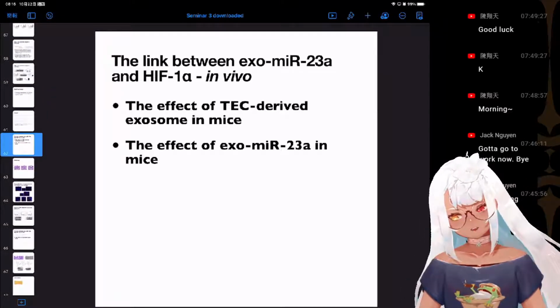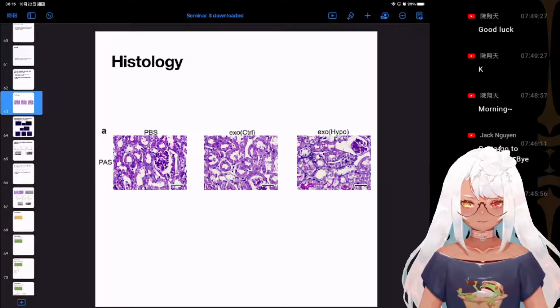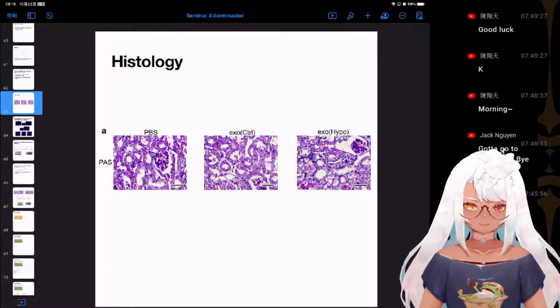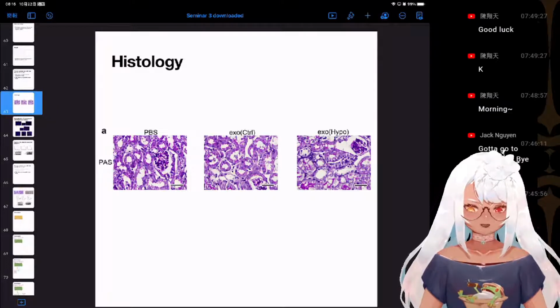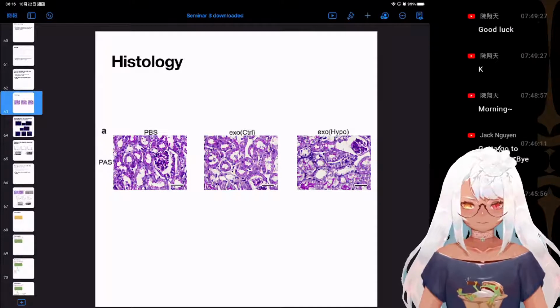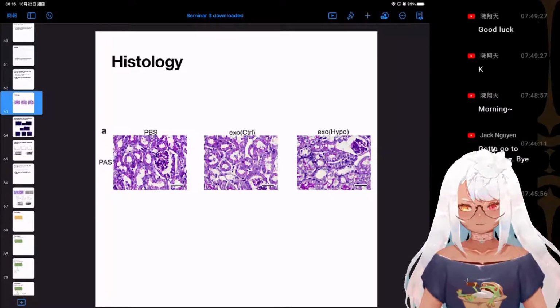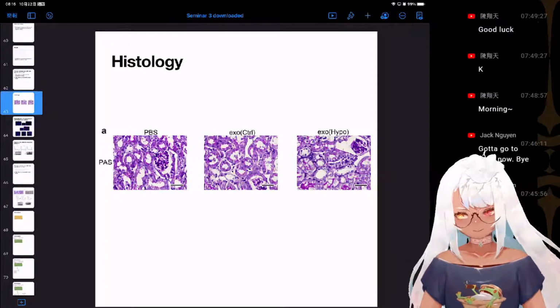Okay, so in terms of the exosome, the bigger scale, you can see that the administration of this hypoxic exosome will damage the kidney tissue more compared to the control exosome.